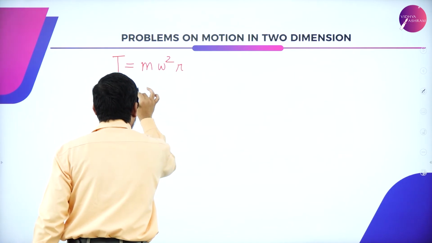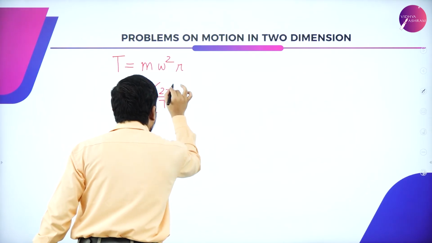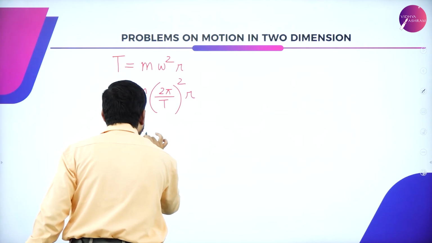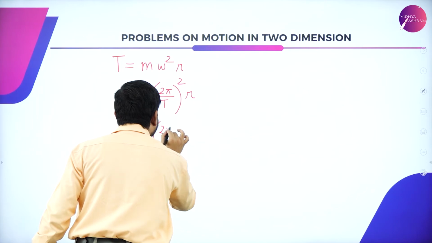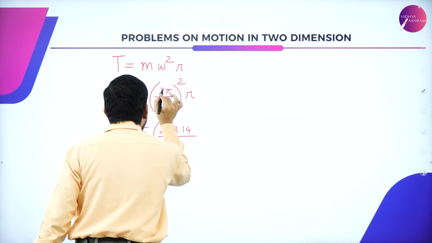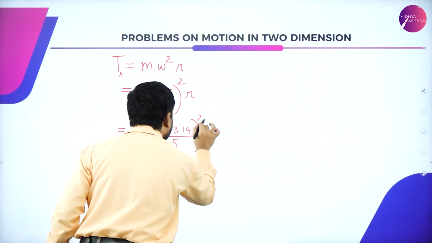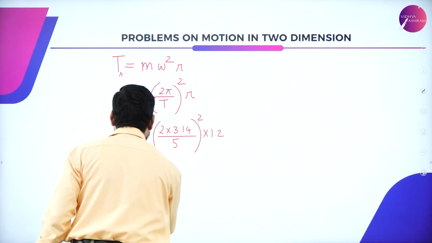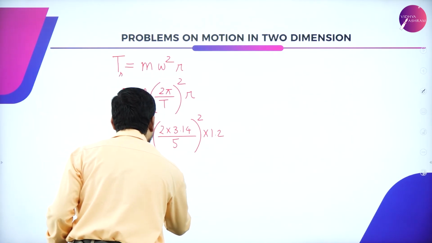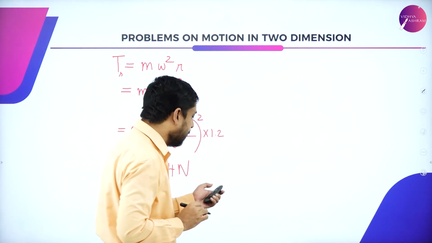So this is m, omega is 2 pi by T whole square into r. Mass is 0.5, 2 into 3.14 by T, which is 5, whole square into 1.2. So on simplification, this is 0.94 Newton.